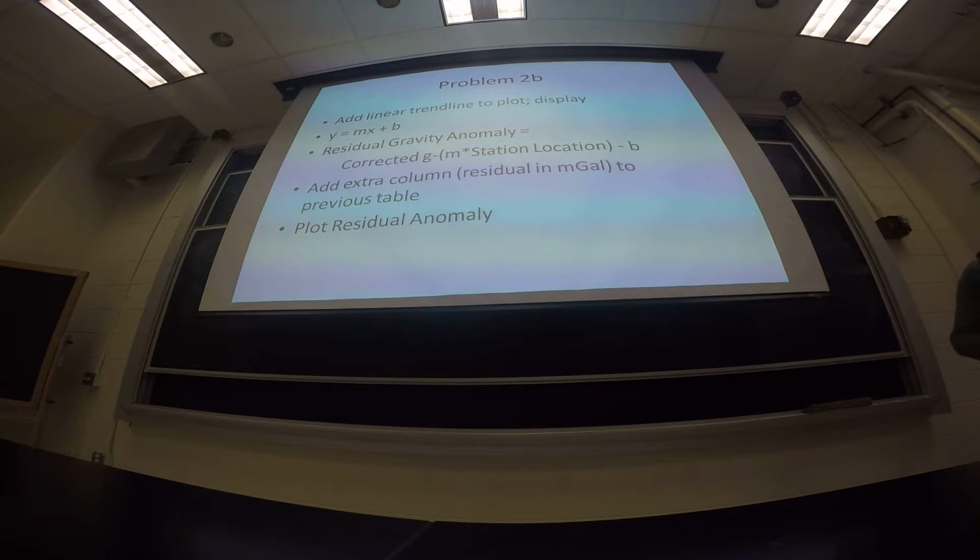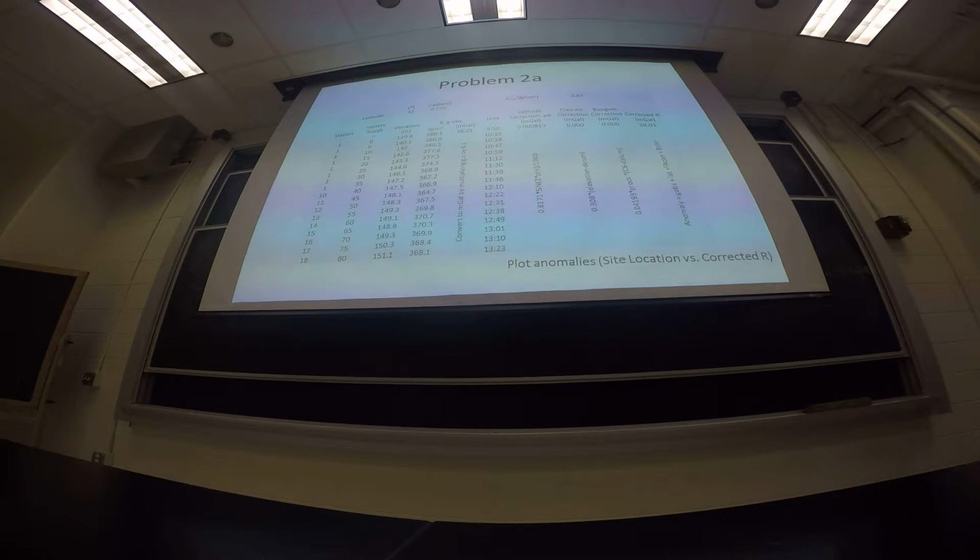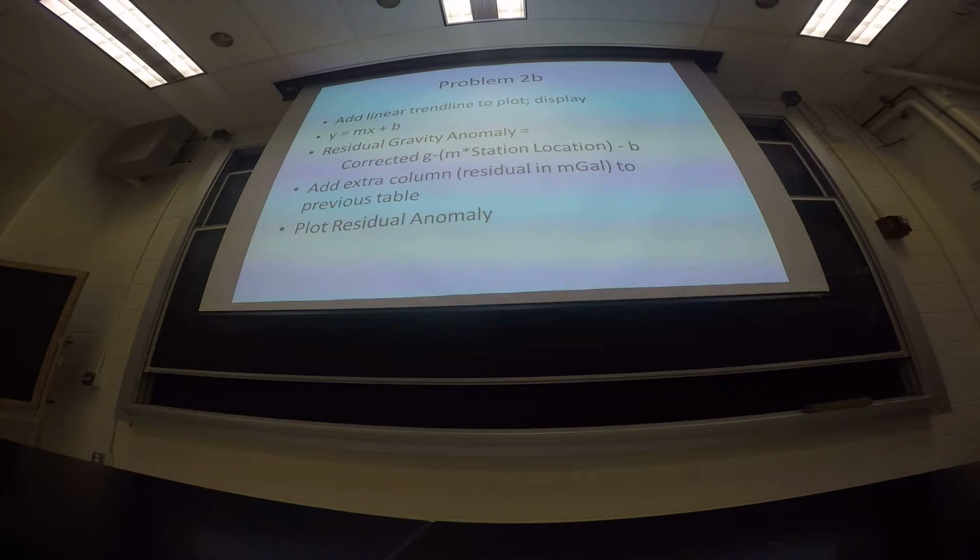So you could just add an extra column that says residual milligal, like we did here. Instead of this, we'll end up with residual milligal, and then you plot it again versus your site location. Okay? So you need that formula here.